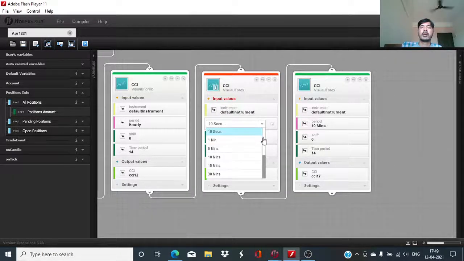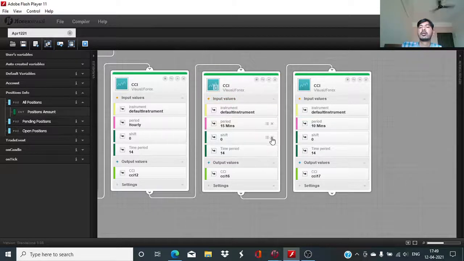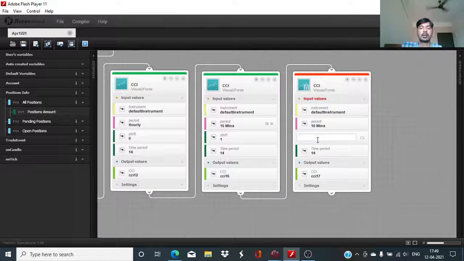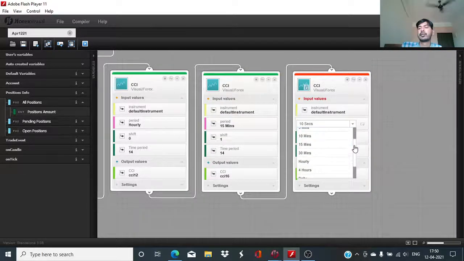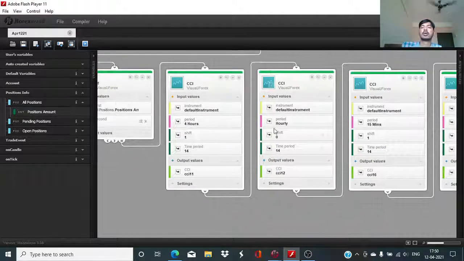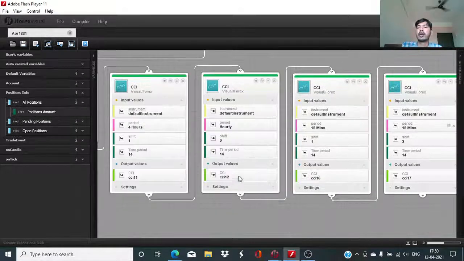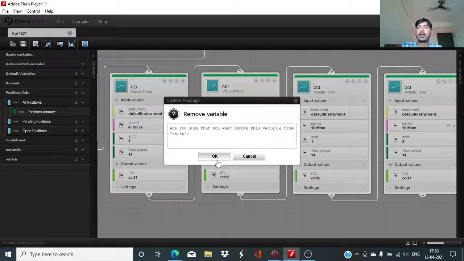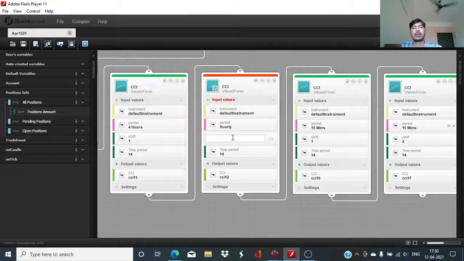This time the time period will be 15 minutes, period of 1. And this will be for the hourly time frame as well. We will have to change the look back period to 1.